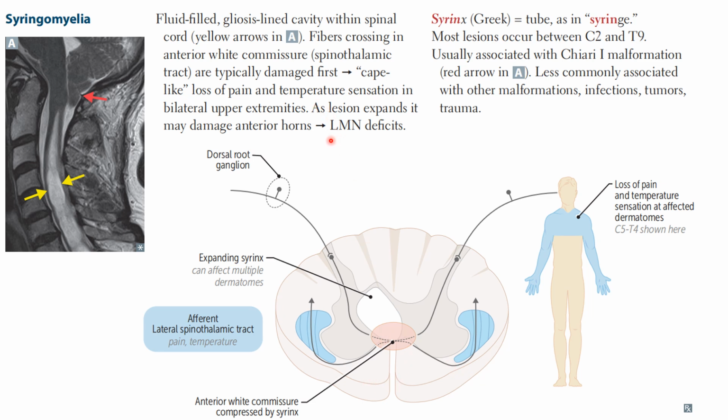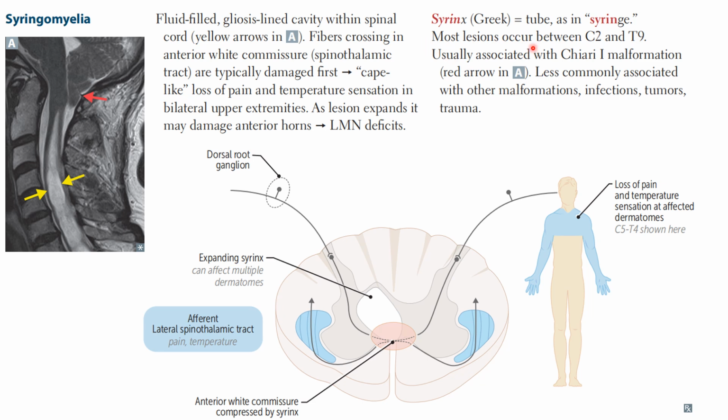So this is what they're saying, a defect in the lower motor neurons. So this is what happens in it. Here also in this diagram, they are saying the same thing, the loss of pain and temperature sensation in the affected upper limbs.